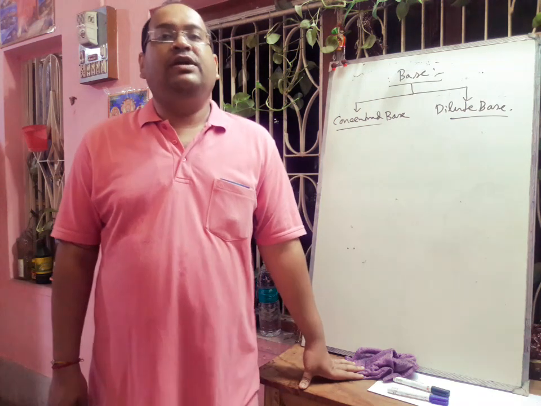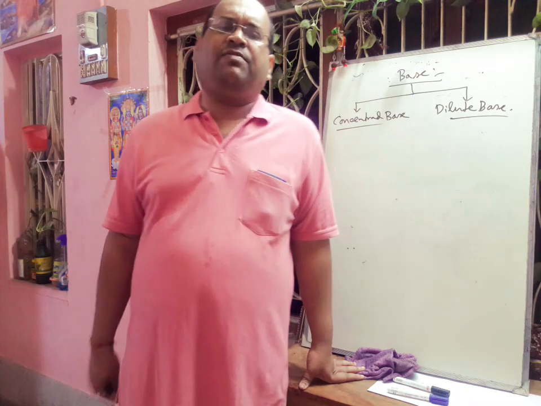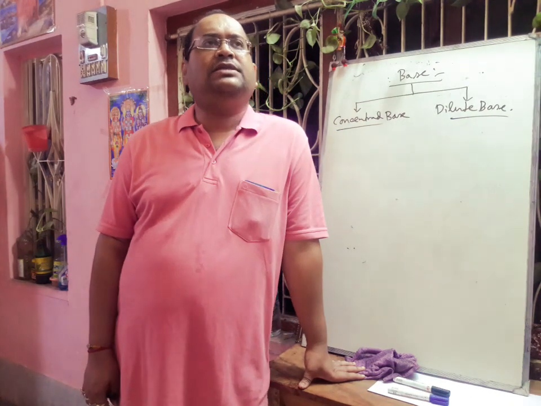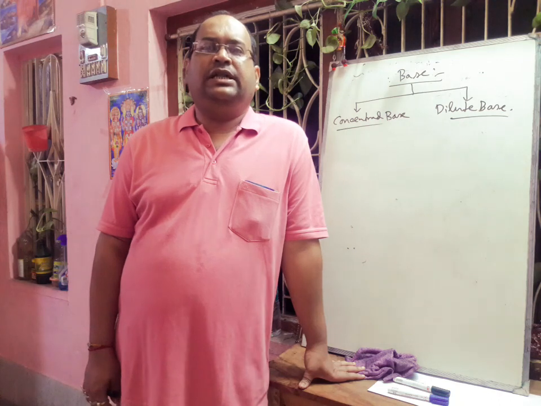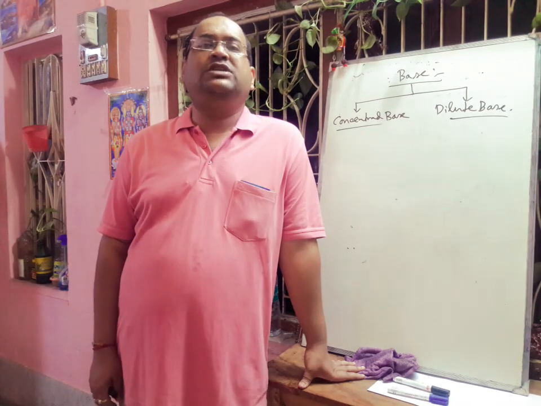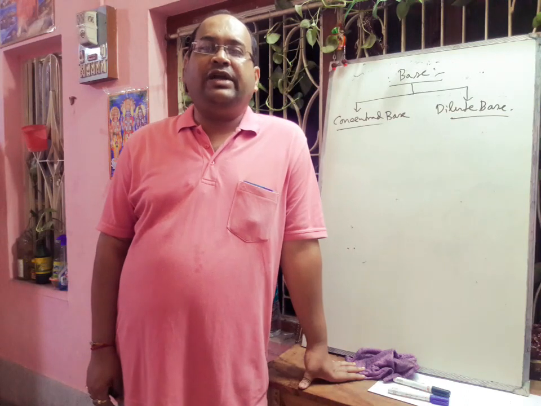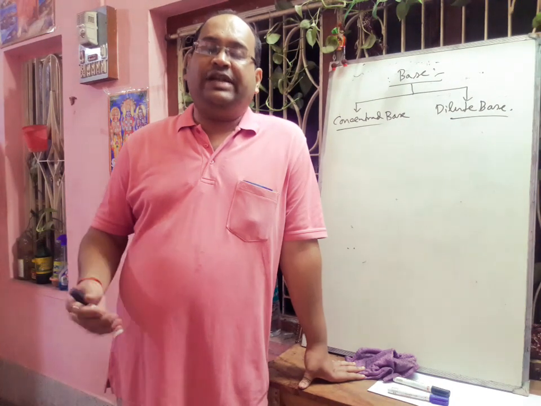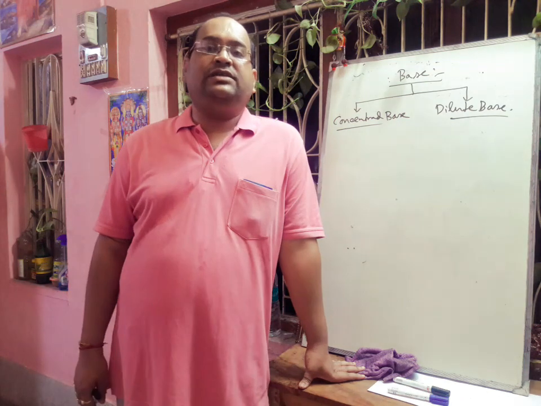Next, we will discuss different concepts of acid and base. In the previous class I discussed Lewis acid. Today I will discuss Lewis base. What is Lewis base? Base can donate an electron pair. When a base is donating its electron pair, then it is called Lewis base.